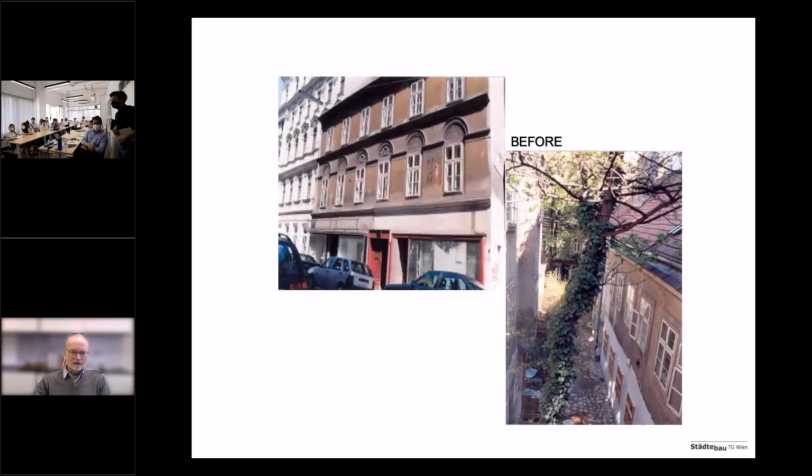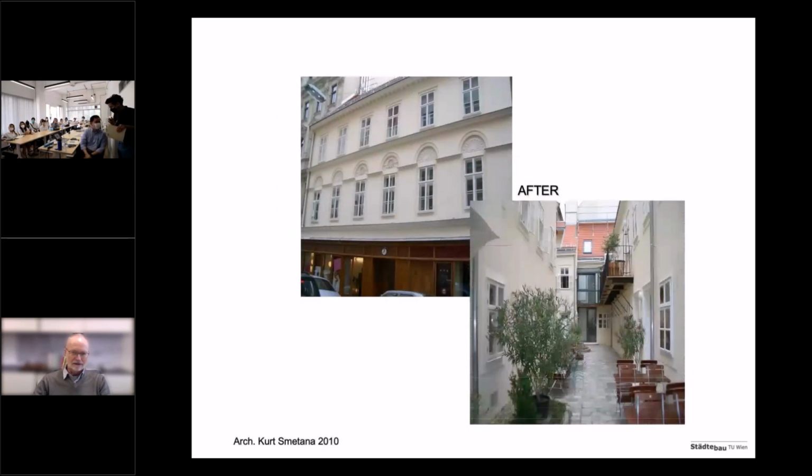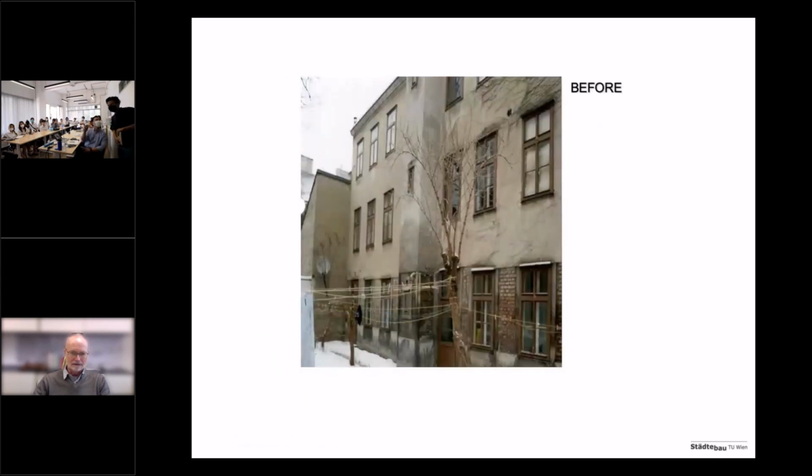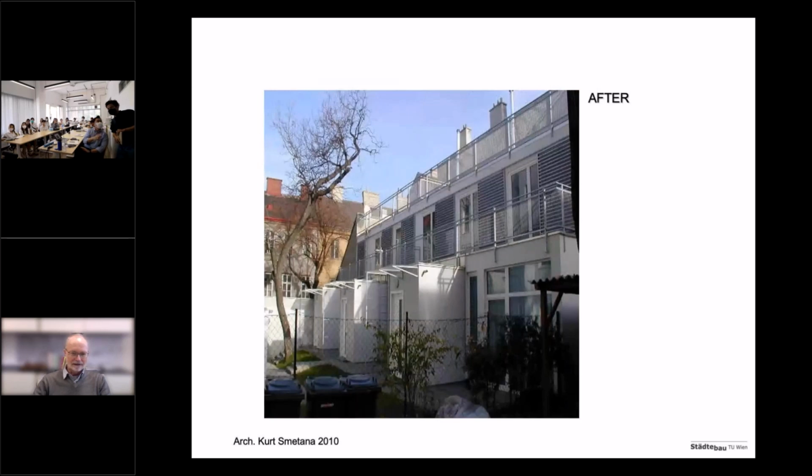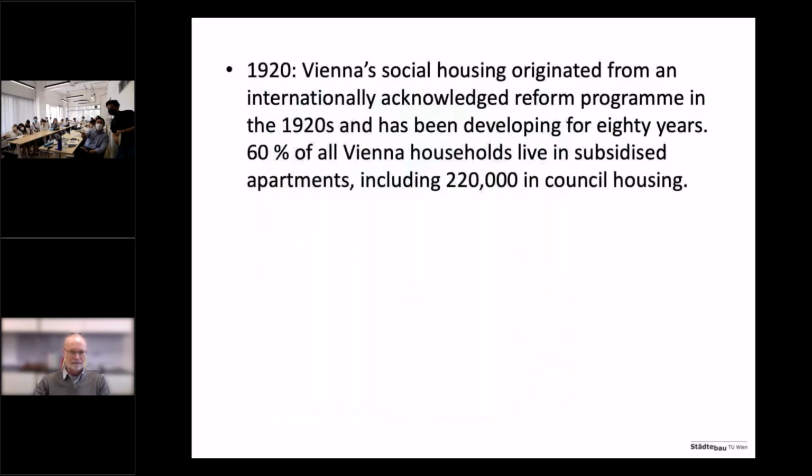And also the quality of the courtyards changed a lot. Not only the facades became beautiful, but also the backyards. Suddenly you had some row houses instead of some old workshops, and so this changed a lot the situation of the city of Vienna. So in 1920, we started with this social housing program, and nowadays we have nearly 2,000 already apartments under the control of the council.